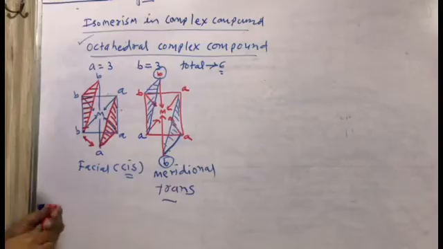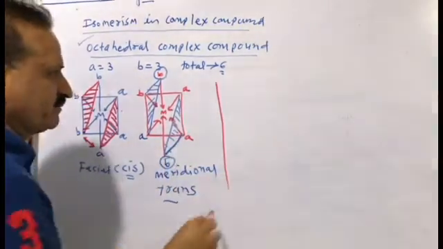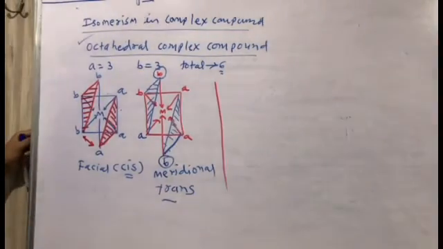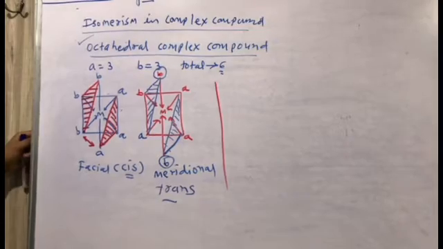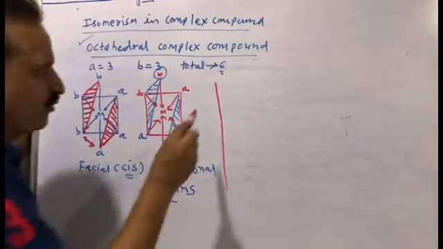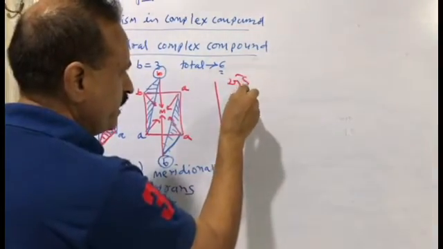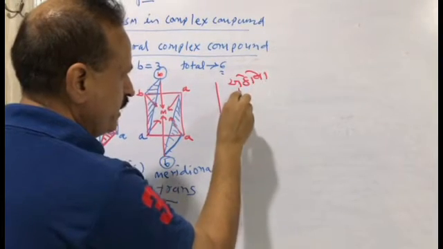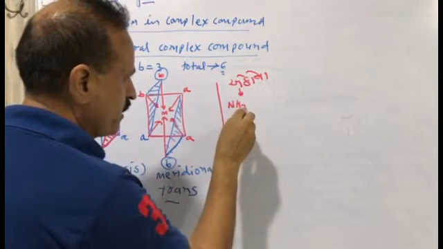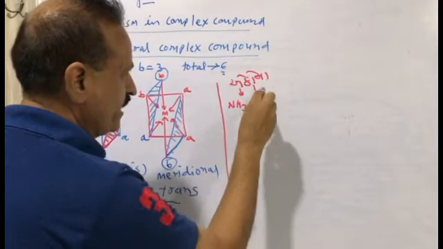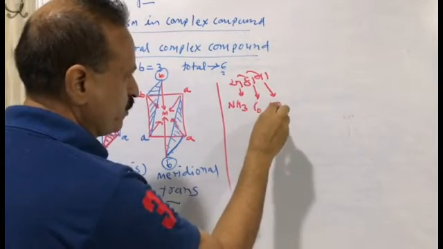Let's see a proper example of cis and trans, meaning facial and meridional. We have the example of [Co(NH3)3(NO2)3]. A means ammonia, Co means cobalt, NO2 means nitro.